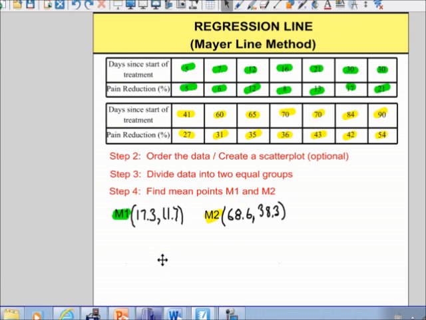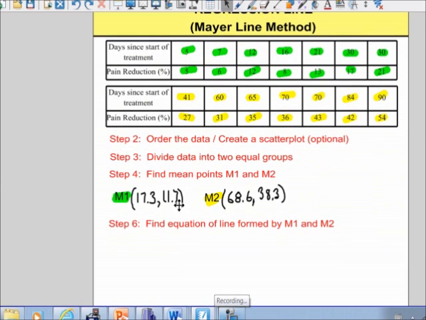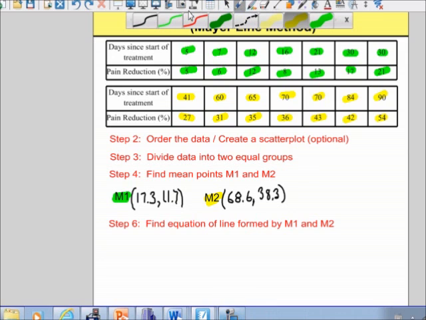And our next step, we need to find the equation of the line formed by M1 and M2. So if I had those 2 points, what line would go between the 2 points? When we do that, first thing we need to do is find our A. Actually, remember, whenever we have a line, we've got the form y equals ax plus b.